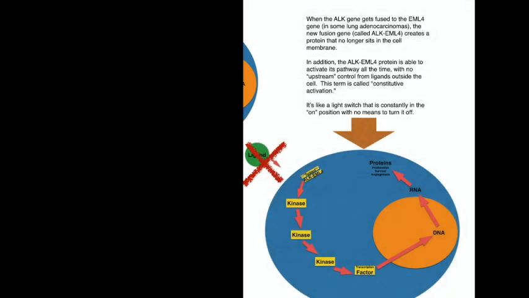Now, in roughly less than 10% of lung adenocarcinomas, one of the oncogenic mutations that occurs is a fusion mutation whereby the normal ALK gene gets fused to the EML4 gene on the same chromosome.